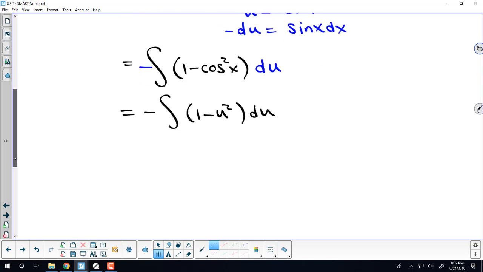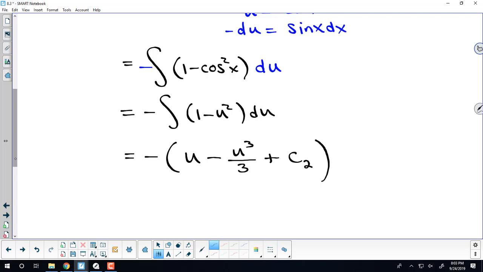So we have negative antiderivative of 1 with respect to u minus the antiderivative of u squared with respect to u. You know, notice if we left the negative 1 out, we would get some sort of constant of integration. Just maybe call that C2, some constant.